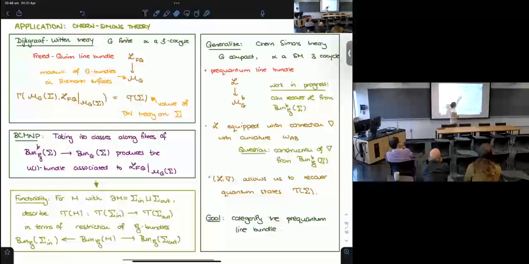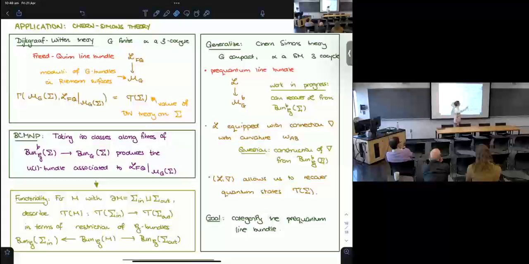It's just pre-quantum because we don't get states by taking sections. We have to choose a connection. So this line bundle is equipped with a connection whose curvature is equal to the Atiyah-Bott symplectic form. Once we've got that connection, we can take roughly holomorphic sections and recover the quantum states.